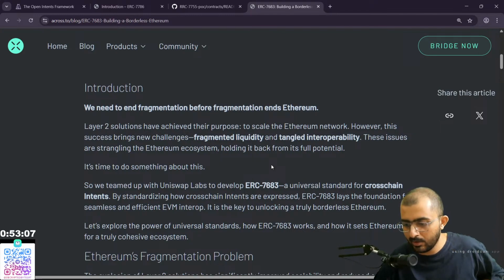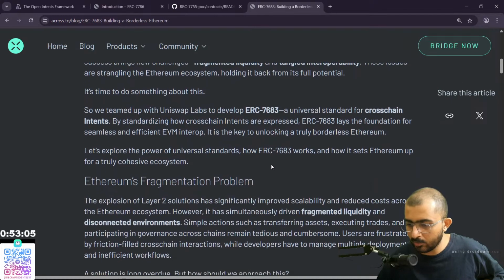Okay, it's time to do something about this. So we teamed up with Uniswap Labs to develop ERC-7683, a universal standard for cross-chain intents. By standardizing how cross-chain intents are expressed, ERC-7683 lays the foundation for seamless and efficient EVM interop.